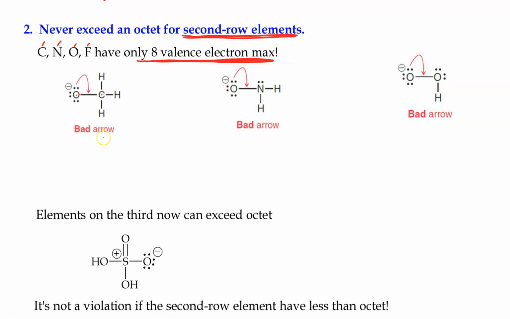If we were to follow this arrow, then the product we created will be the following. And now we can see this carbon right here will have 5 bonds on it, or basically 10 electrons total. And carbon cannot exceed octet. It can only have a maximum of 8 electrons but not 10. So therefore this would be a wrong arrow to draw.